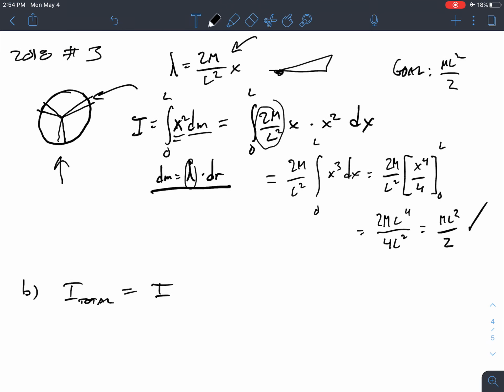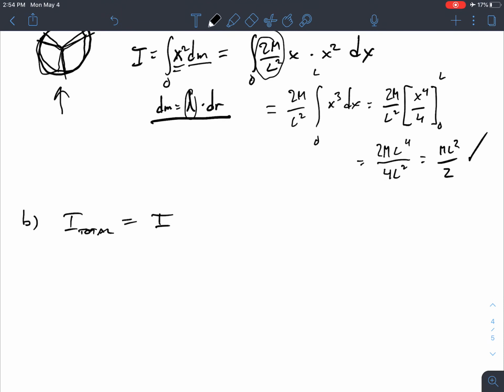So this thing is made out of a hoop, like a rim, like a bicycle wheel, and these 3 spokes. So I just have to add up those things. I have the hoop plus 3, what do they call this, triangular rod? I'm just going to call it a spoke.